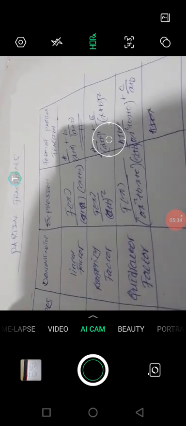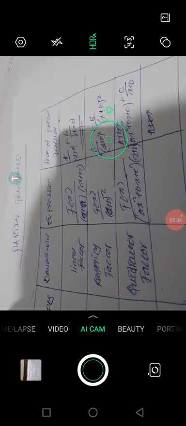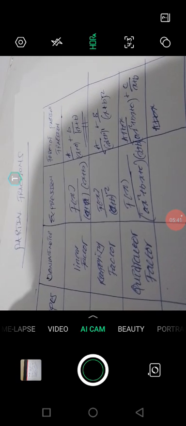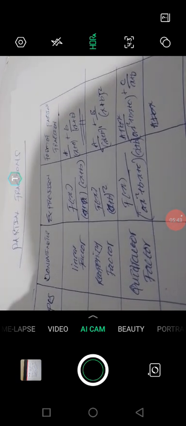So this is the table which describes all partial fraction equations, and in this case we'll be getting this kind of question to answer for each and every partial fraction.